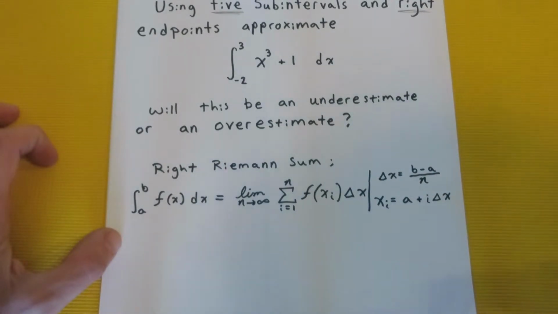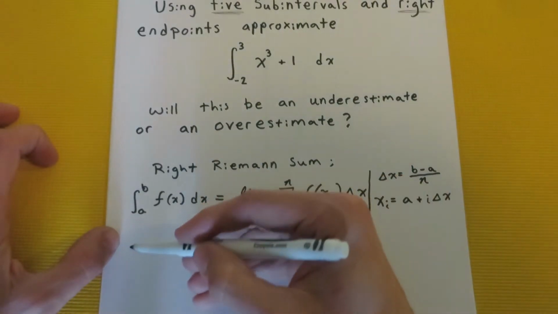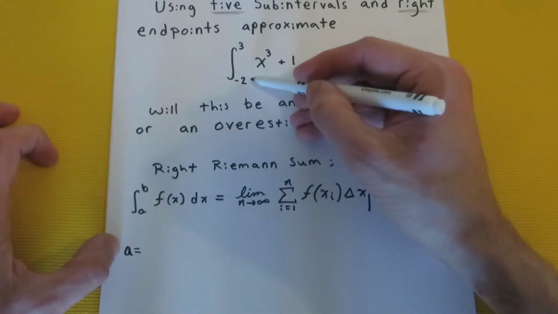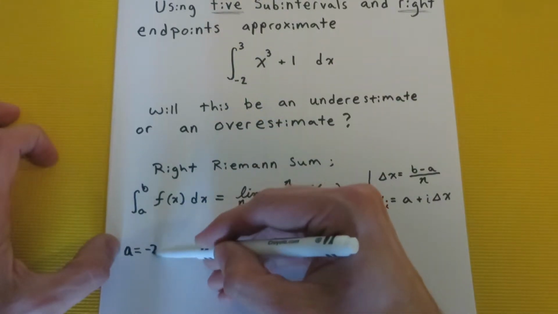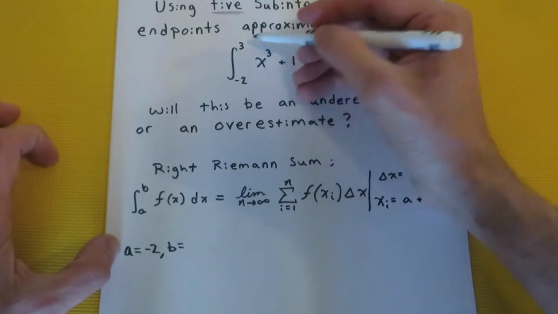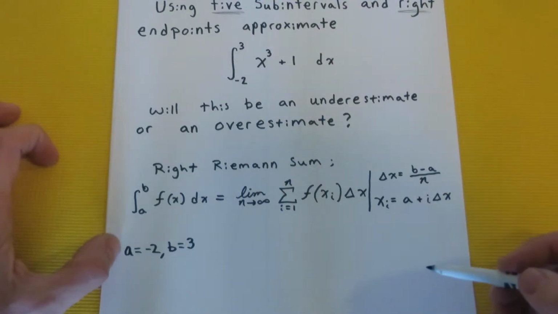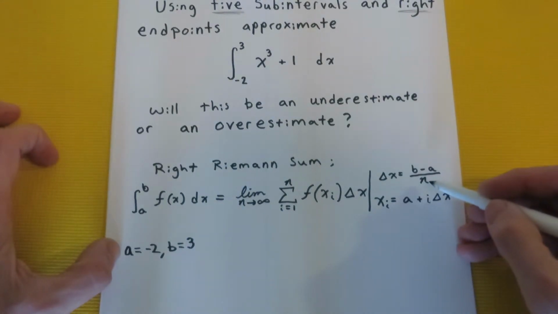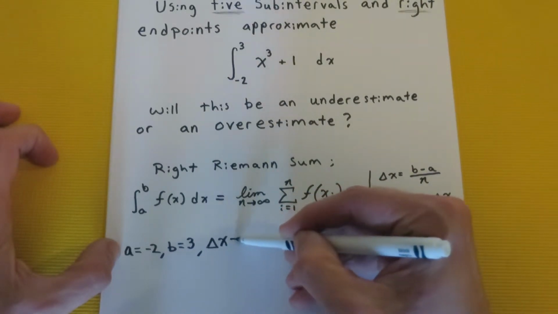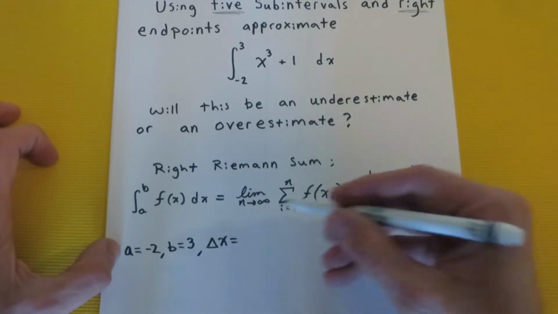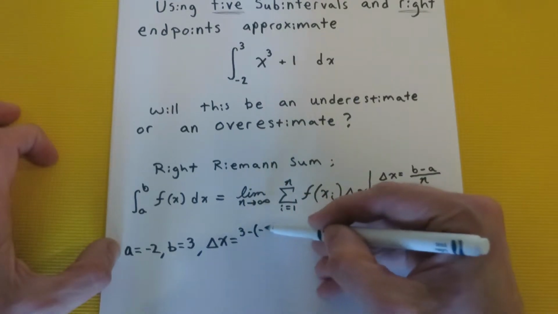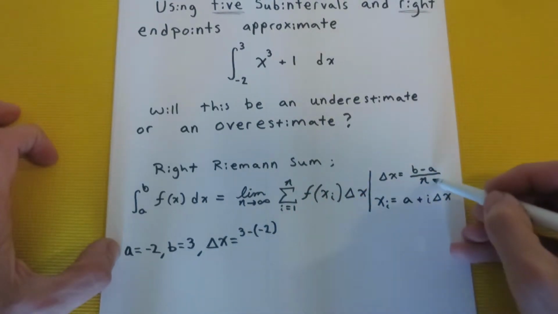So let's see if we can figure out our a value here. It is going to be the same as the lower bound of the integral, which is -2, just as we had before. Our b value is going to be the same as the upper bound of our integral, which is 3. Our delta x is just going to be b minus a over n, so 3 minus negative 2, over n.